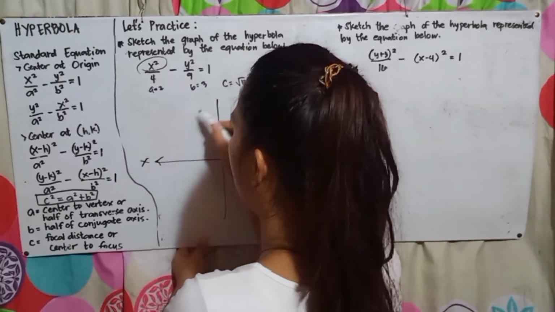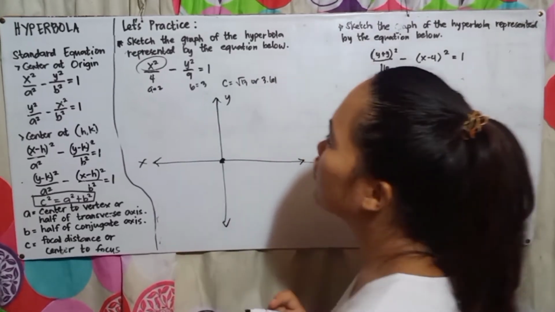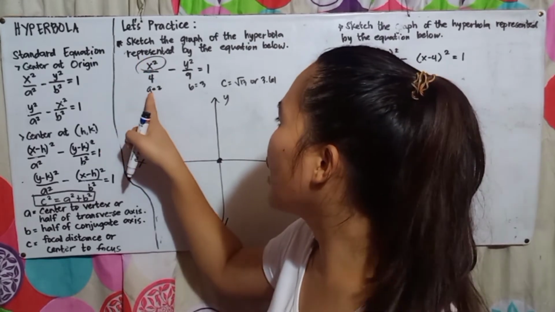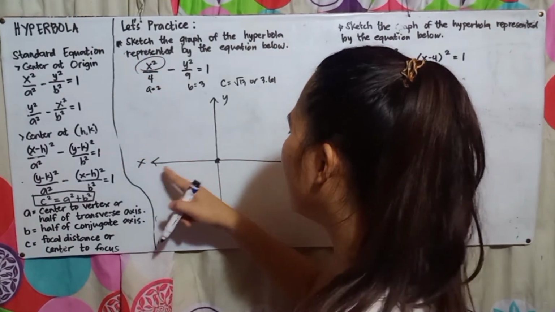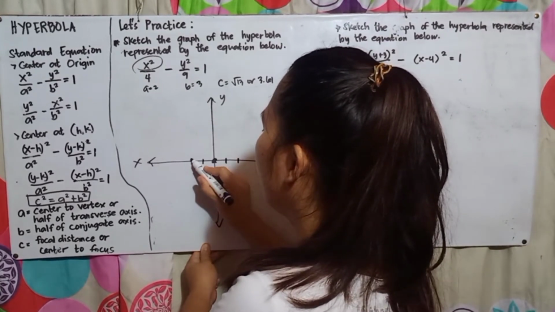So, this is the x-axis, this is the y-axis. Center at the origin. So, since naka-horizontal, our A is count of 2 units padulong sa 1, 2. Diri, 1, 2 gihapon.